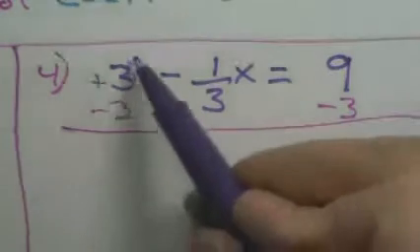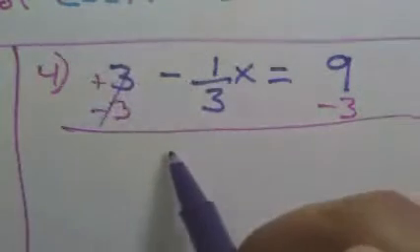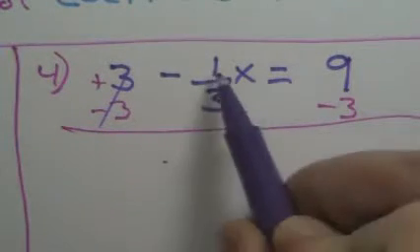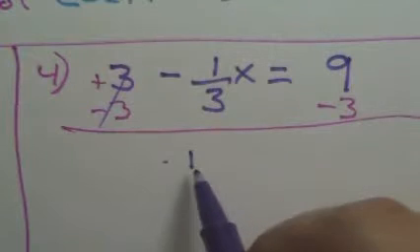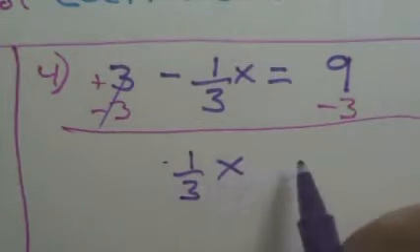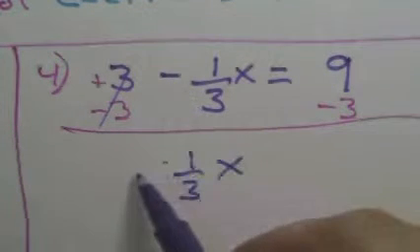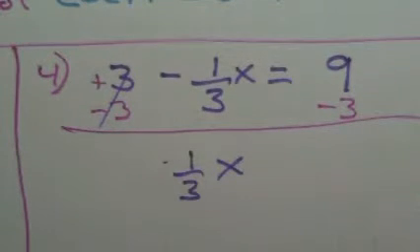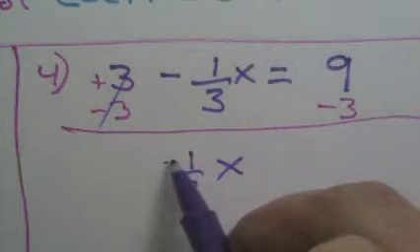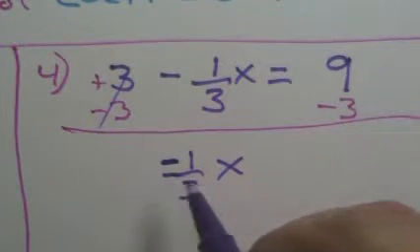And when doing so, that reduces to 0. And here, we have negative 1/3 x. Now, you could put the negative in the middle, on top, or on the bottom. It doesn't matter. You know what? I'm just going to put it on top here.